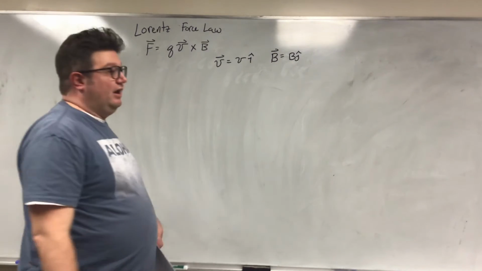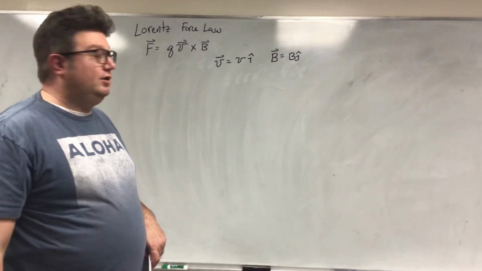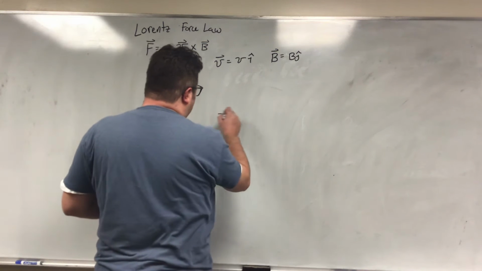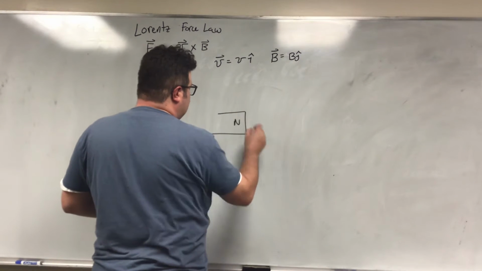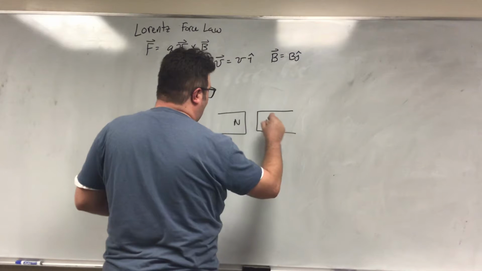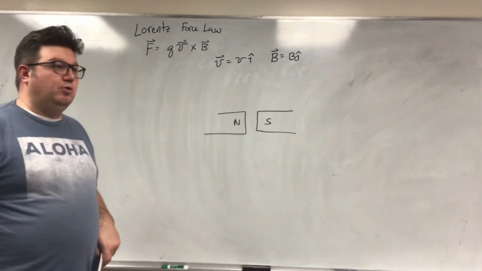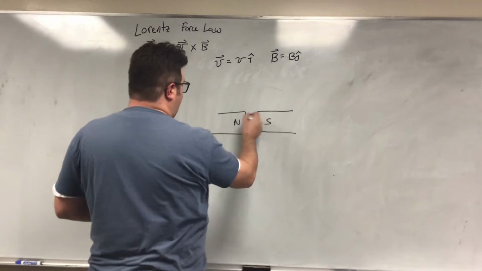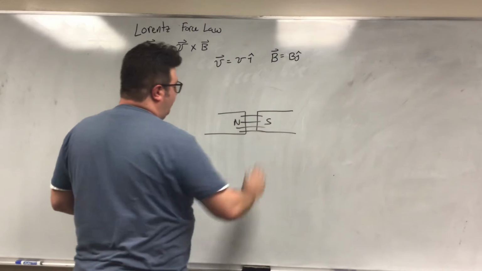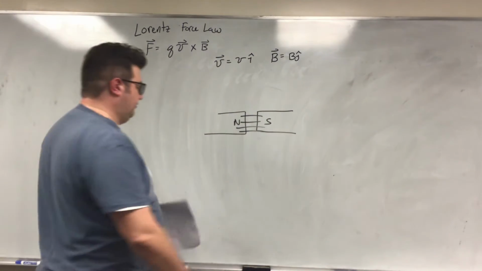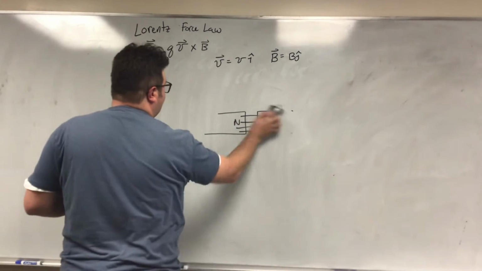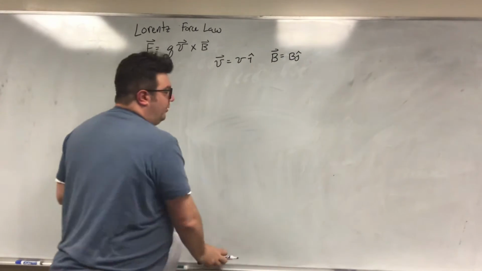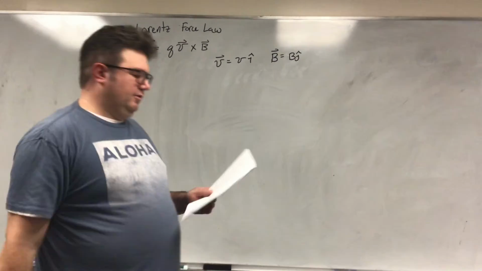You can use a Helmholtz coil. A not terrible approximation would be to have a magnet with its north pole and a magnet with its south pole, and between these poles you're going to get fairly uniform magnetic field lines. It won't be perfect. If you really want it perfect, Helmholtz.